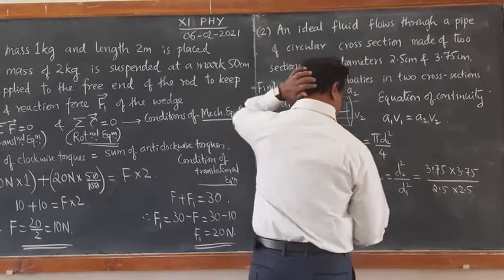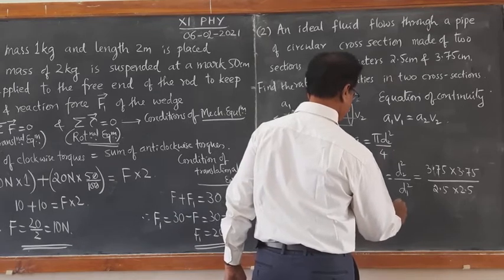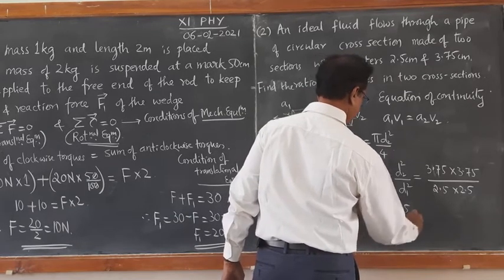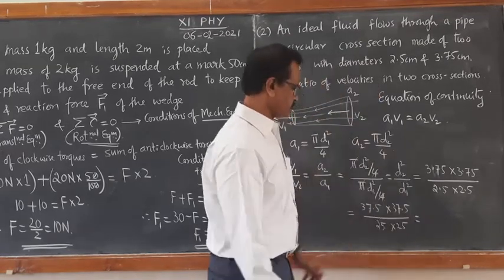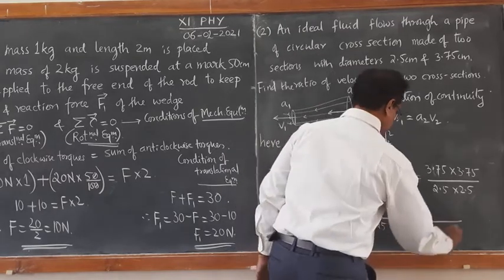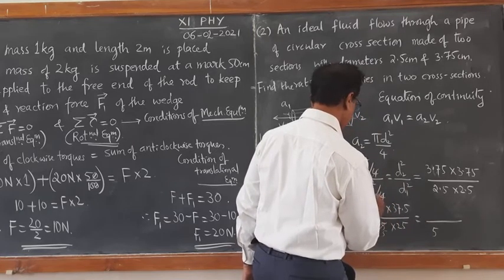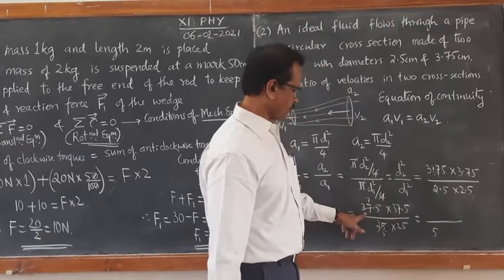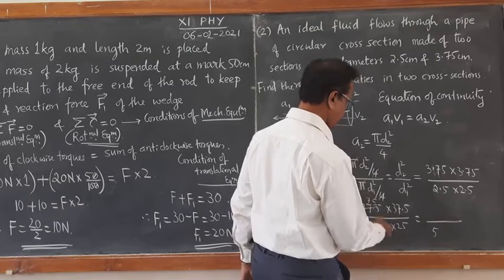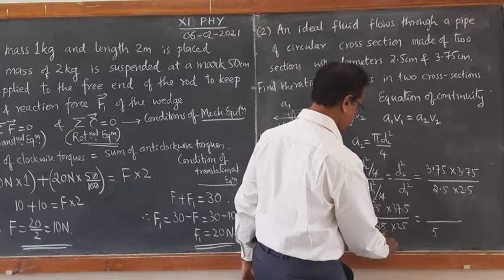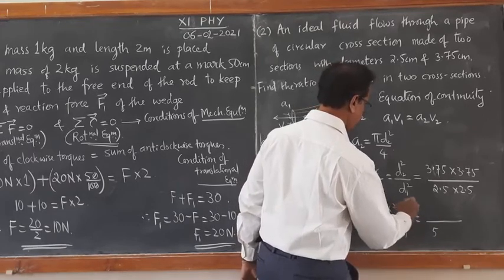If you scale by 10, it becomes 37.5 into 37.5 divided by 25 into 25. 5 7s are 35, 2 remains, 7.5, so directly you can cancel with 25. 25 ones are 25, 1.5.